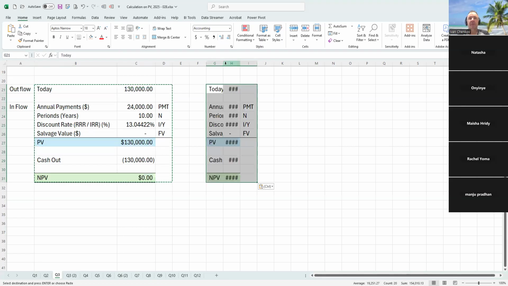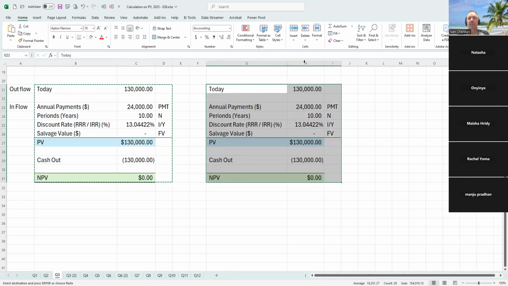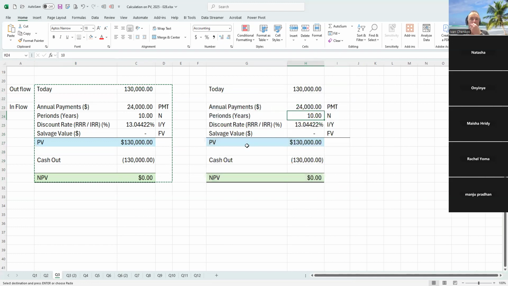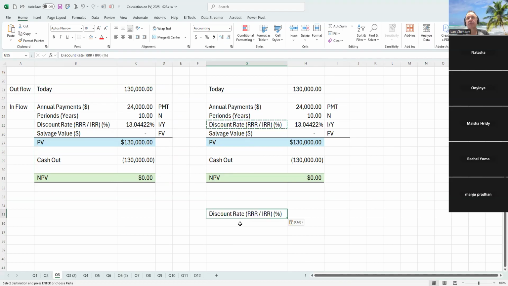Let's flip it on the side and let's start playing with it. So now, what we know and what we don't know. I'm going to add a little bit here. We're actually going to change it. First, what we're chasing here is the discount rate, right? That's what we're chasing. We don't know it. We try to find the discount rate. That will be our internal rate of return.